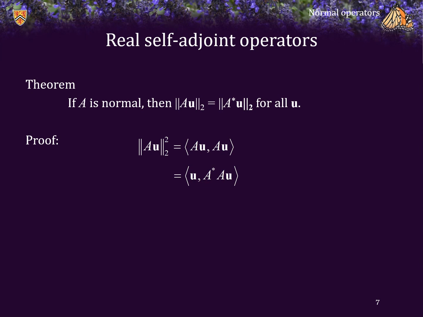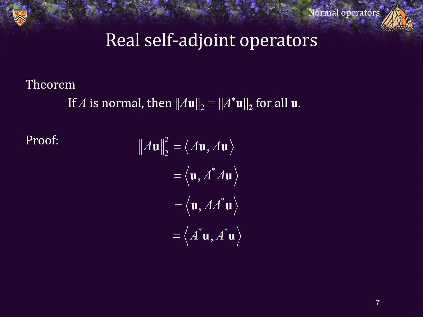So the adjoint of A times A is equal to A times the adjoint of A. Now I have something on the right-hand side that is A times a vector. Therefore I can bring that linear operator A back to the left-hand side by taking its adjoint.